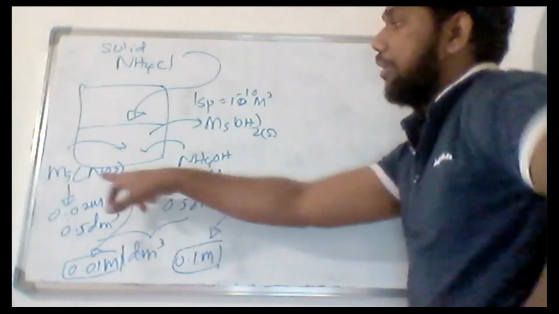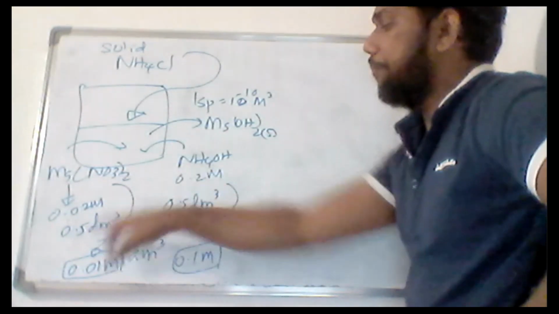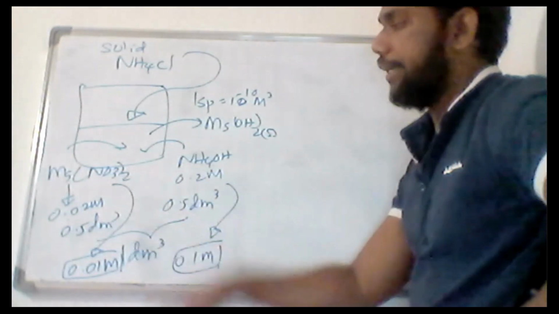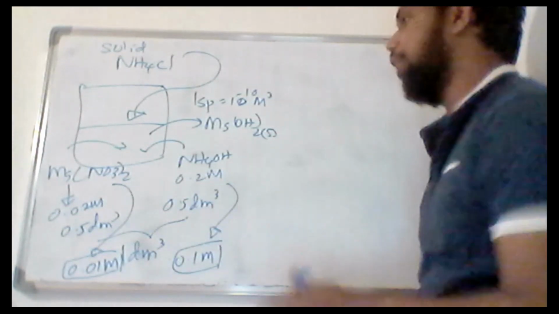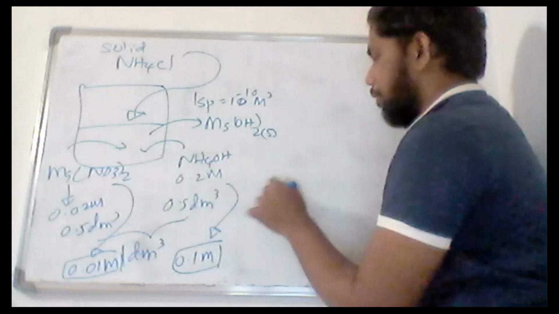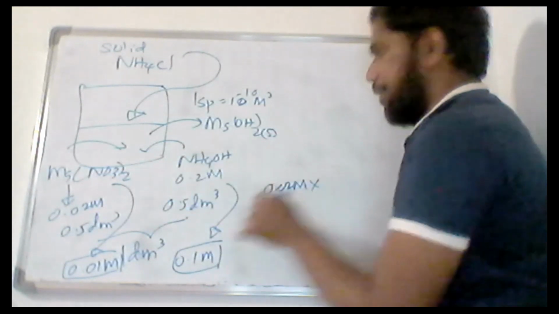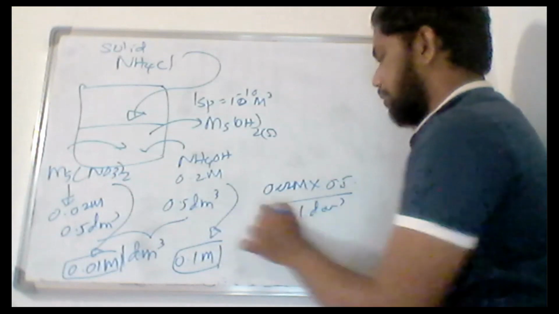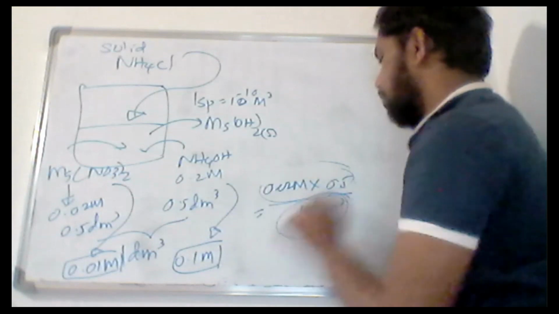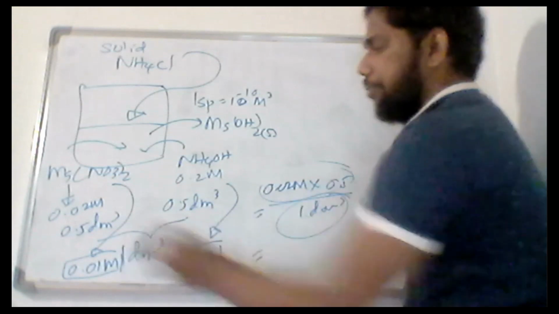Because when you add these two, the volume doubles, so the concentration becomes half. Or you can calculate: 0.02 M is the concentration, the volume is 0.5 dm3, and 1 dm3 is the total volume, so the number of moles divided by total volume gives 0.01.